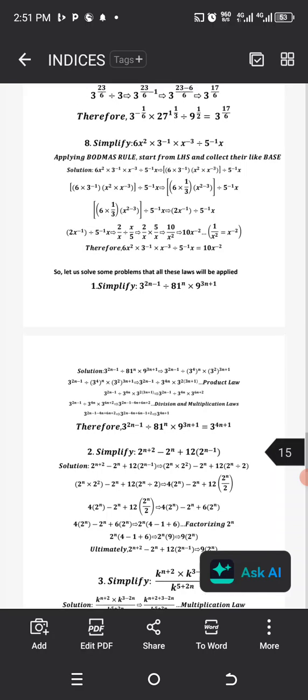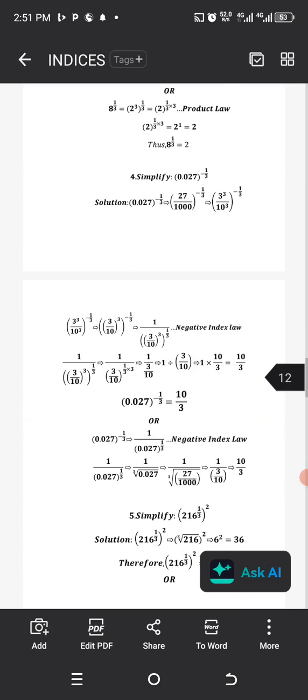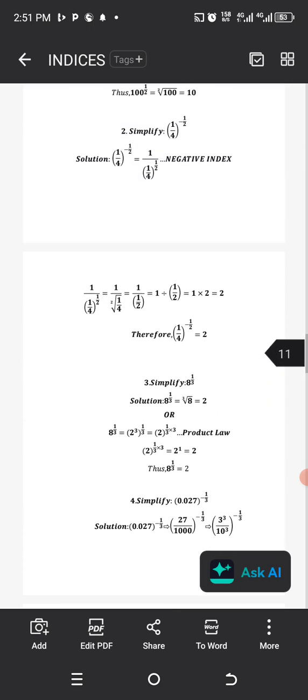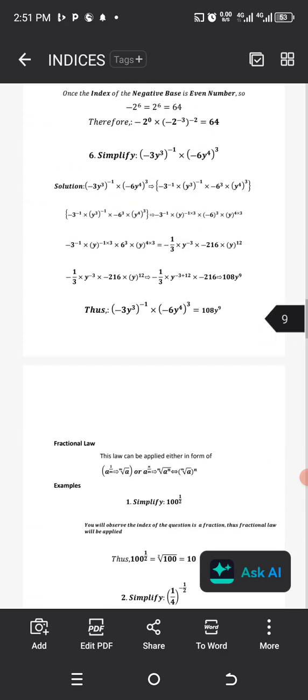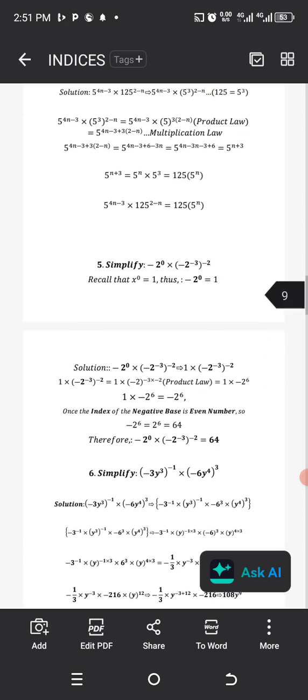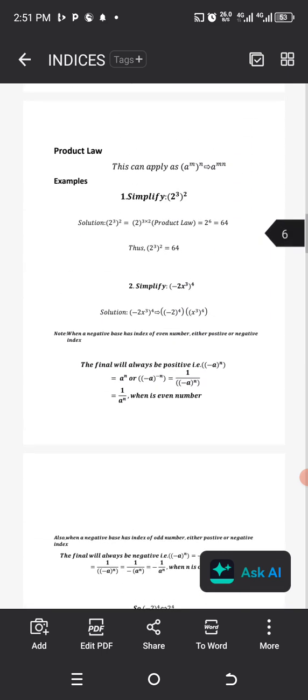So this is the solution. You can just zoom in to have better view of it, to be clearer. So this is the solution. This is what I've been explaining since.